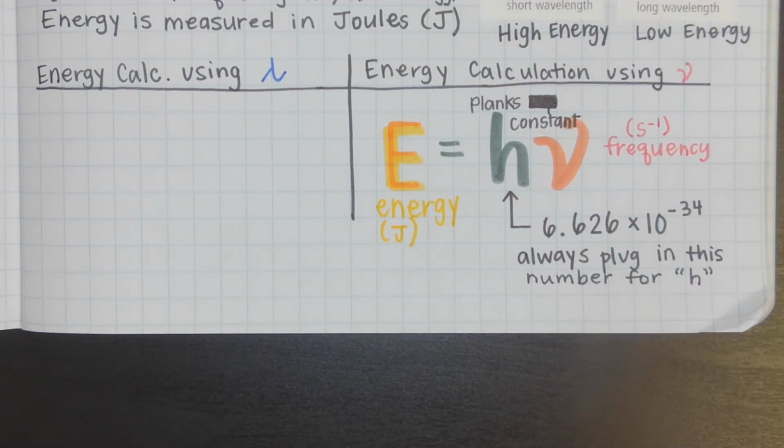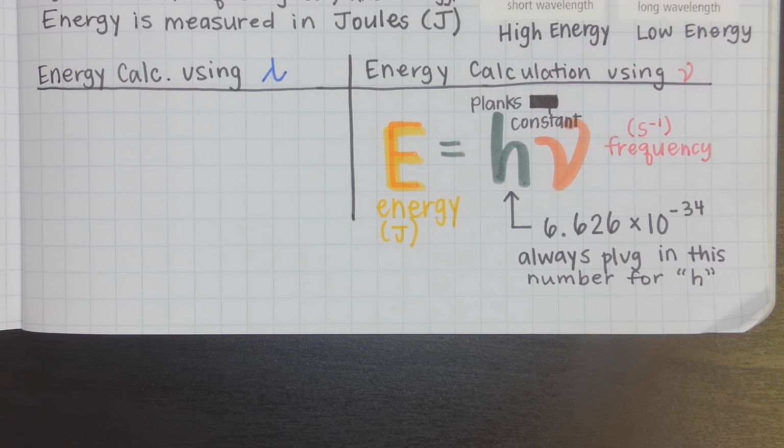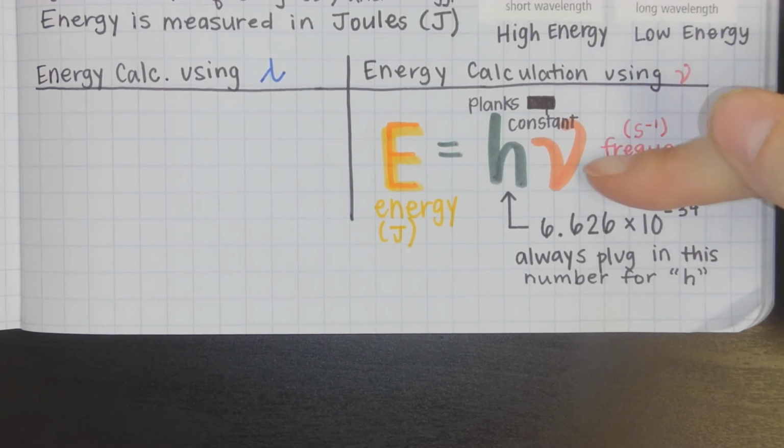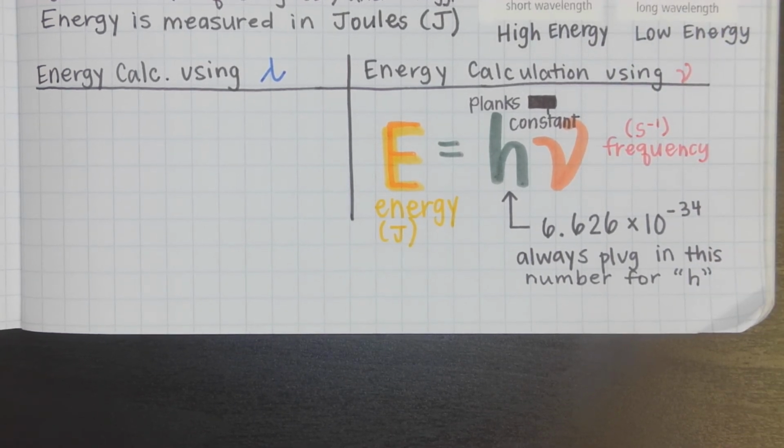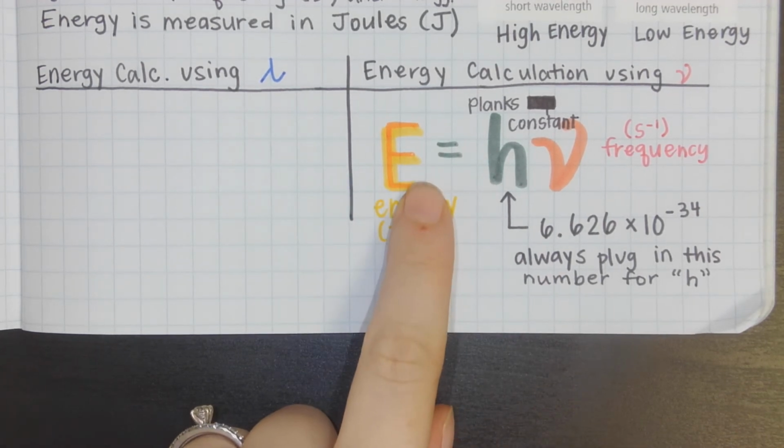We need to plug this in in order for our units to cancel. I'm not super stressed about how our units cancel right now. We're just writing the formulas. So if the problem gives you frequency and says the frequency is blah, blah, blah, calculate the energy, this is what you're going to plug in.